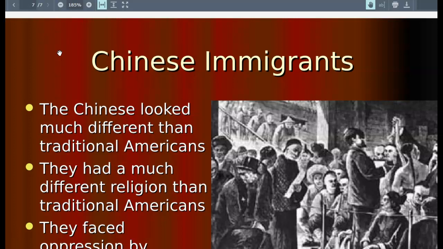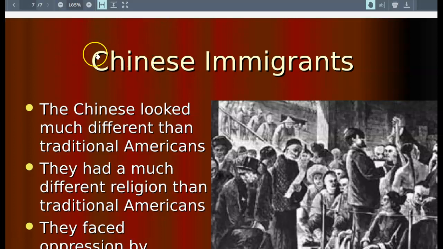And there was a lot of nativism practiced on Chinese immigrants. But they did face oppression, and it was very hard for them to overcome that oppression, but they did.